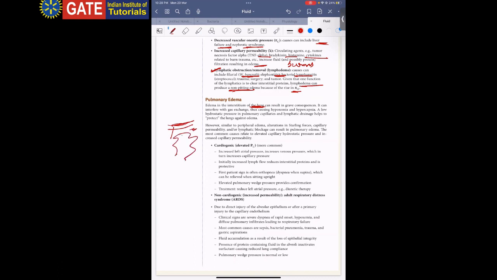In between them, there is interstitium. If there is excess fluid within this interstitium, it will interfere with this gas exchange between the capillary and the alveoli. Thus, it can result in hypoxemia as well as hypercapnia. Hypercapnia means there will be increased carbon dioxide. Hypoxia means there will be decreased oxygen. So it will impair the actual function of your lung.